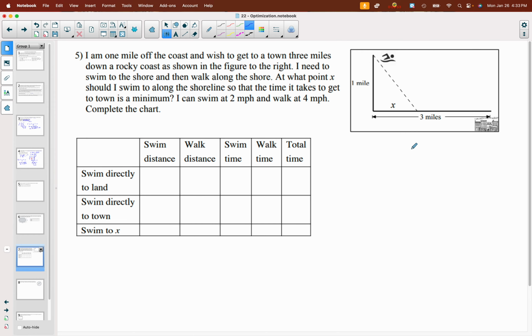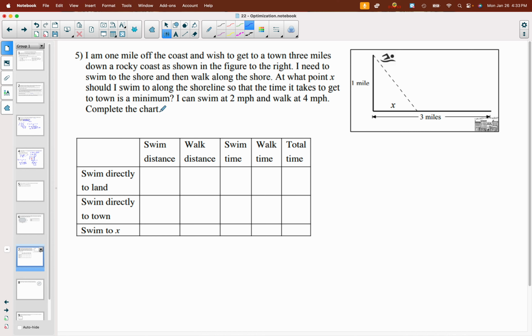I can swim at 2 miles per hour and walk at 4 miles per hour. So we're trying to figure out, okay, so if I can walk faster than I swim, where exactly should I land along the shoreline so that I could minimize my time? I want to get there as quickly as possible.